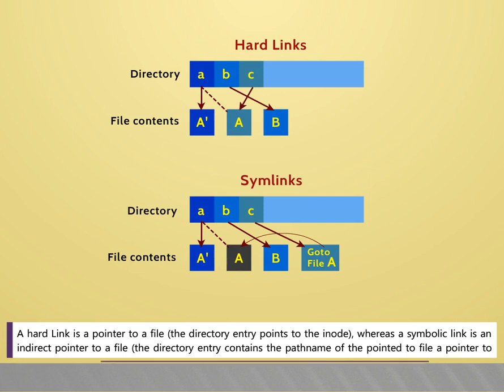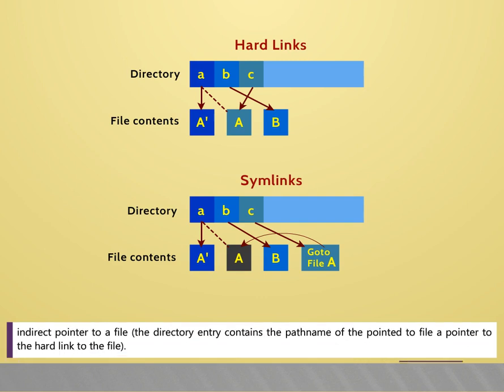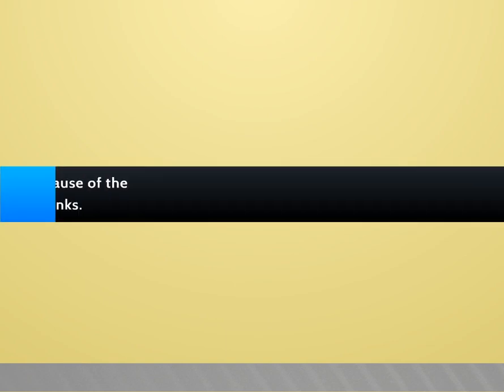A hard link is a pointer to a file, that is, the directory entry points to the inode, whereas a symbolic link is an indirect pointer to a file, that is, the directory entry contains the path name of the pointed-to file, a pointer to the hard link to the file.